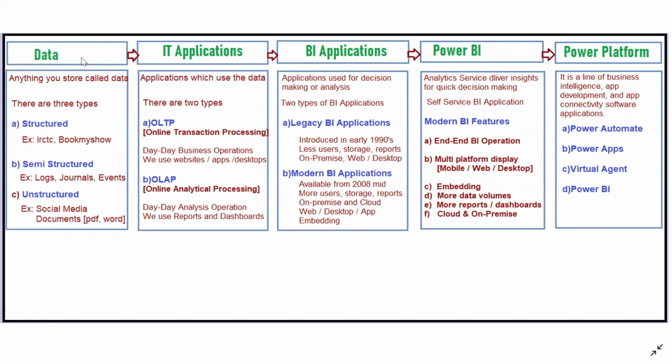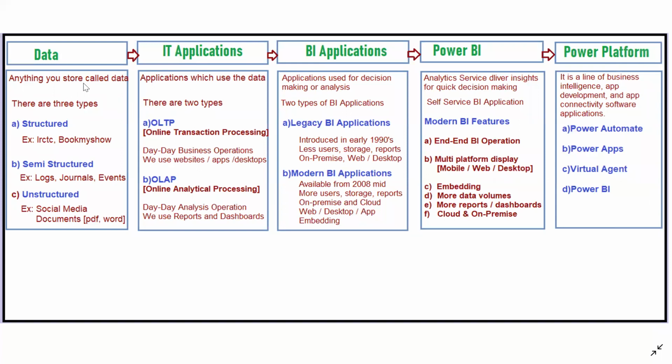So first, you need to know how many types of data are available, then how many types of IT applications are available, and what a BA application is. In BA applications, where exactly does Power BI stand? Is Power BI a standalone component or part of a platform? That you need to know. So let me explain the same in 2 lines.